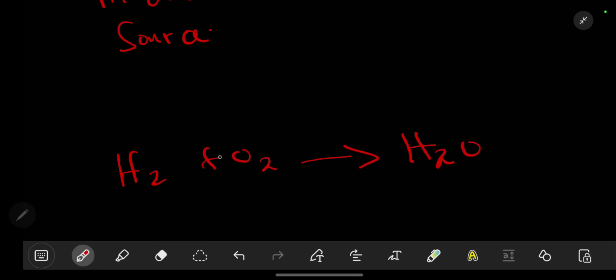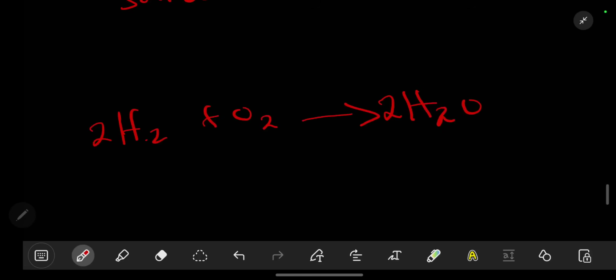To balance this equation I'll need a 2 here so that I can have 2 oxygens. We have 2 there. So for the sake of simplicity, we know that hydrogen has 1.01.